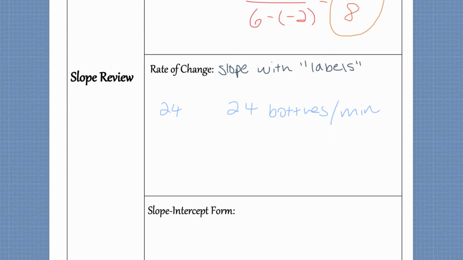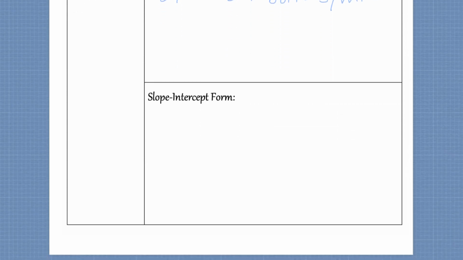So now let's move on to slope-intercept form. Slope-intercept form is basically just an equation for a line where the slope is written as one of the variables inside of it. So slope-intercept form is y is equal to mx plus b.